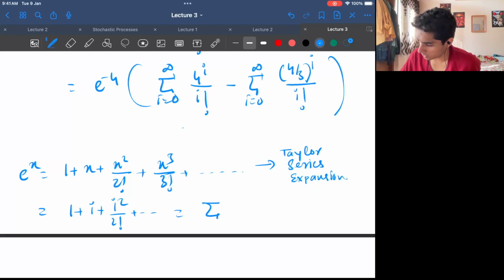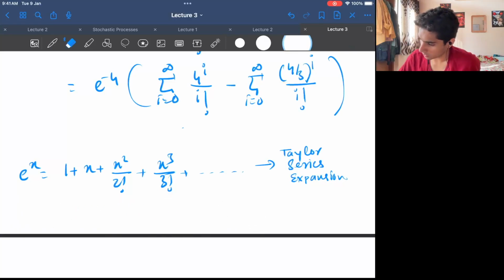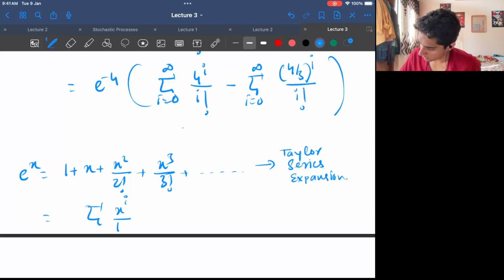This is equal to the summation of x raised to i by i factorial, i equal to 0 to infinity.